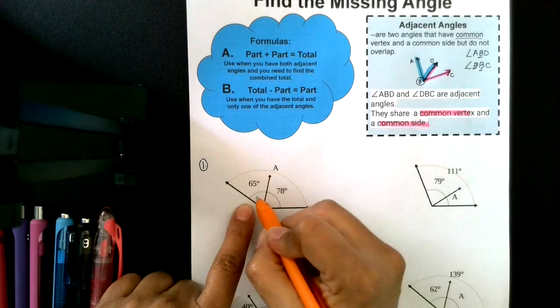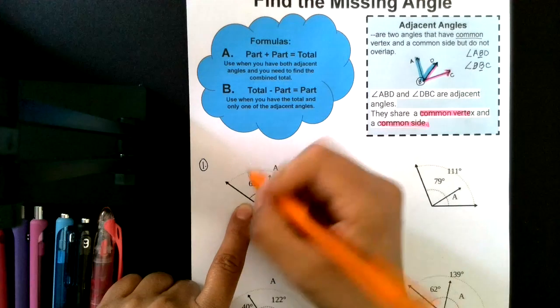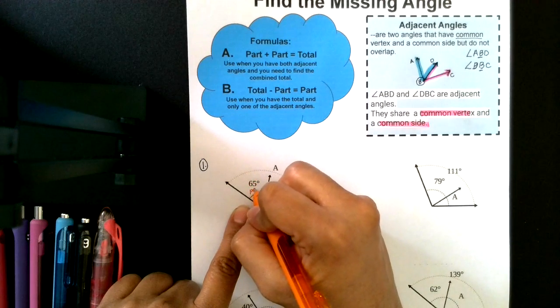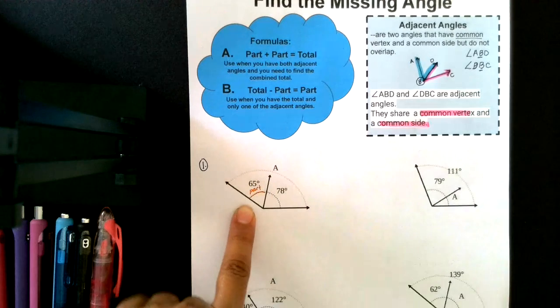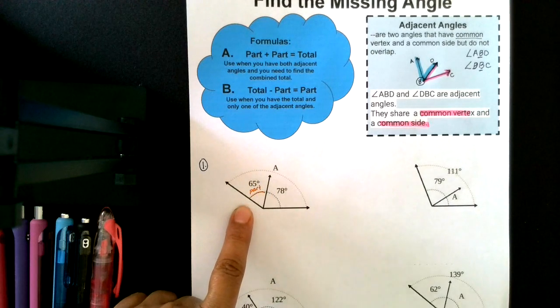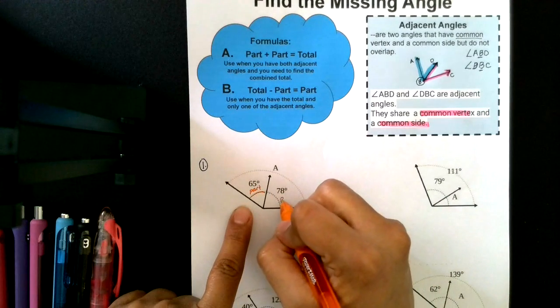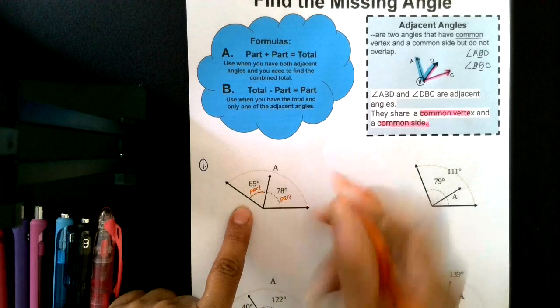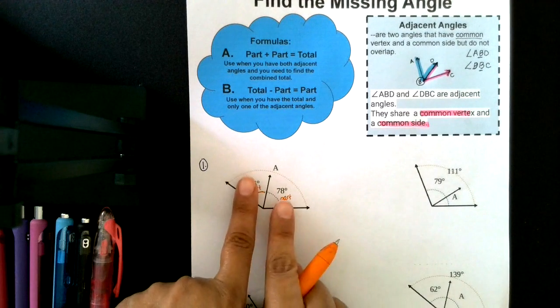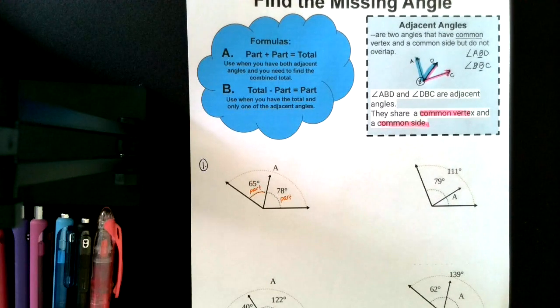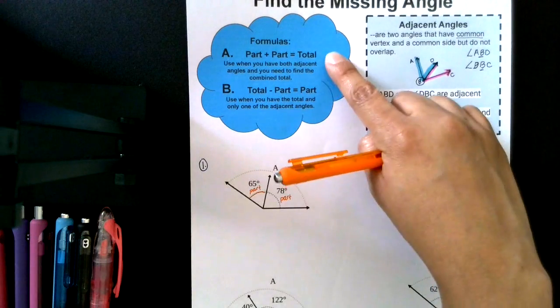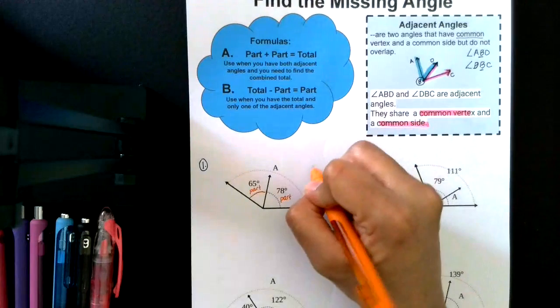Well, this angle right here is a part and it measures 65 degrees. This angle over here is the other adjacent angle and it measures 78 degrees. So it makes sense to use this first formula. So I'm going to write it down here.